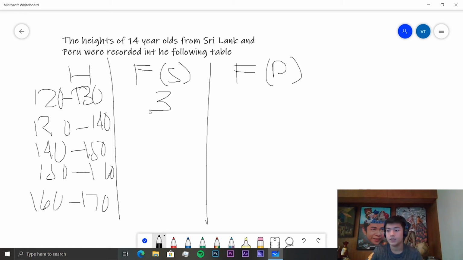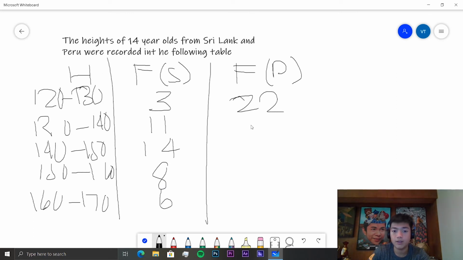So for this, we have 3 here and 22 here. Okay, 11, actually, I'll fill it out this way first. 14, 8, and 6, and 22, 40, 41, 32, 6, and 6.